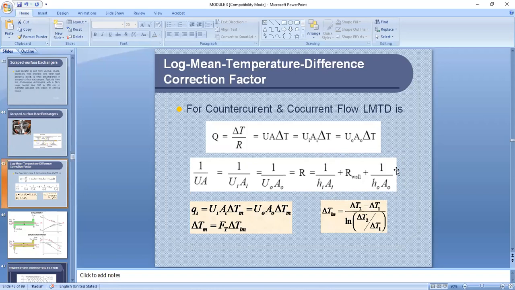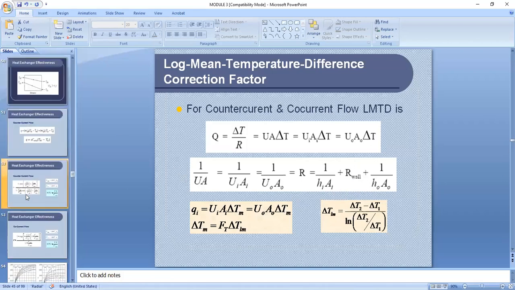So this is your original summation of resistances. This is for the inner liquid or fluid, this is for the outer fluid, and this is for the wall itself that separates the two fluids. So there's no account of the fouling material present in the tube of our heat exchanger. So how do we account for the fouling factor?